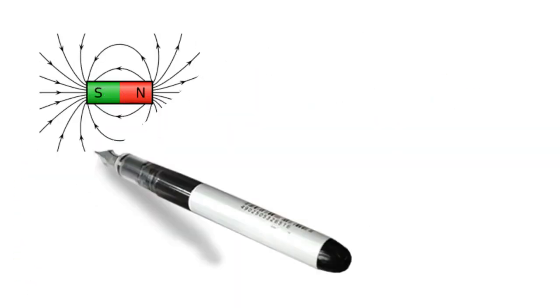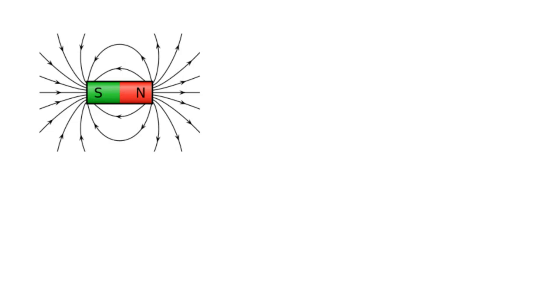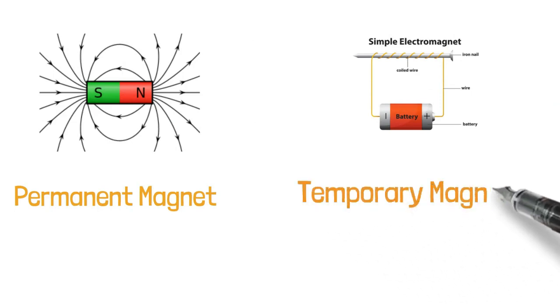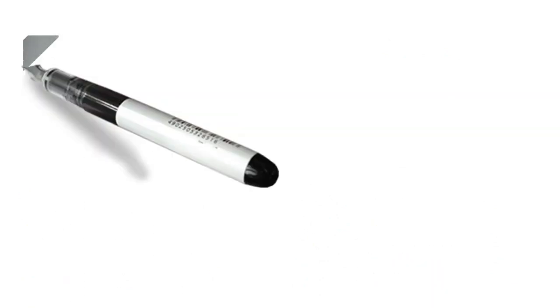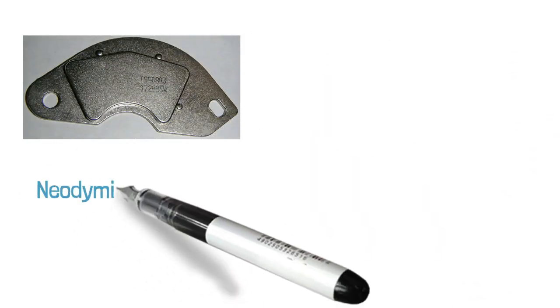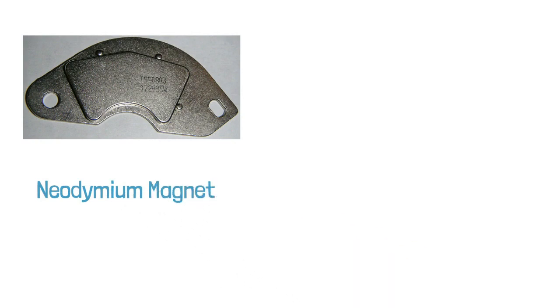This is a permanent magnet, and the major difference between a permanent magnet and a temporary magnet is that permanent magnets retain magnetic properties over a long period of time, while temporary magnets retain them only for a short period of time when they are present in a magnetic field. This is a picture of a neodymium magnet, and this is a picture of a nickel coated magnet.